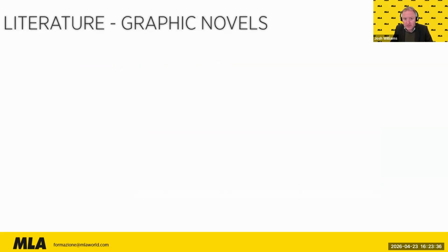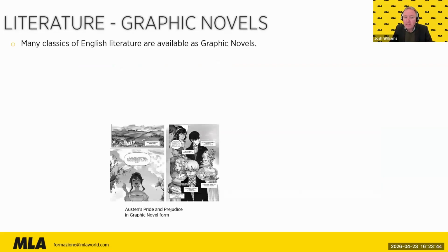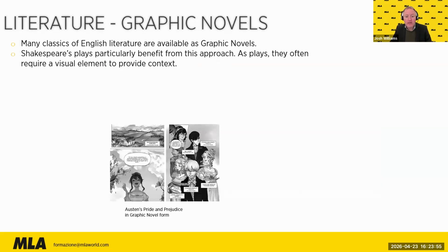We often finish with some literature, but a little bit different today. We're going to have a look at the availability of graphic novels. Many classics of English literature are available as graphic novels, not only classics of English literature, but a lot of other things as well. But if you are looking at Shakespeare's plays, for example, they really benefit from this approach.